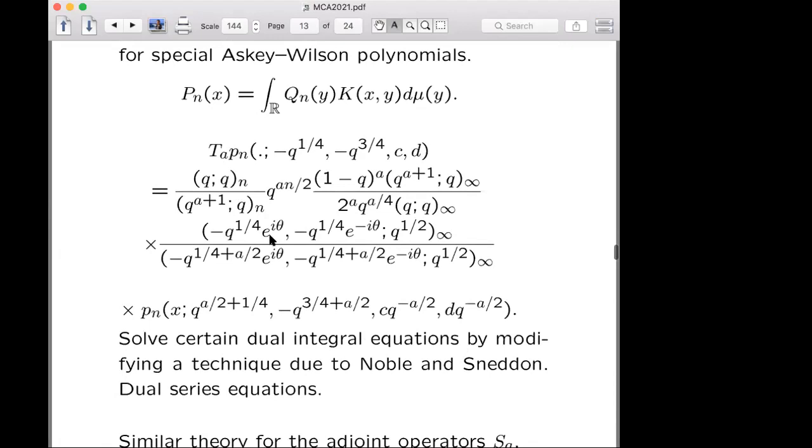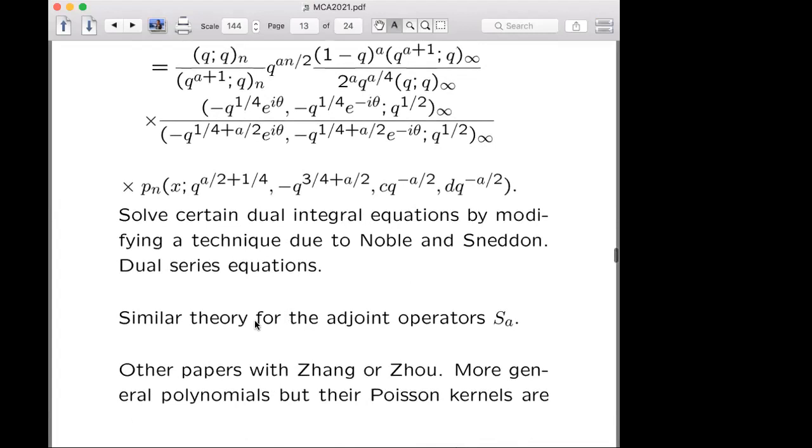So that's the transmutation relation that we found. There's a similar one for the S's. It does the same kind of thing. And you can also solve certain analogs of dual integral equations using this technique. So you can do all kinds of things with it. Again, there is a similar theory for the adjoints, the same stuff.